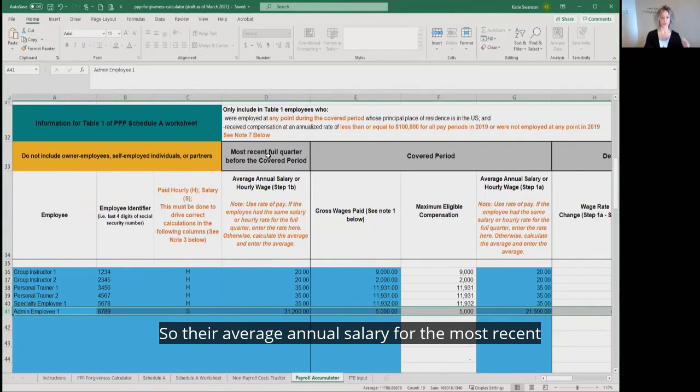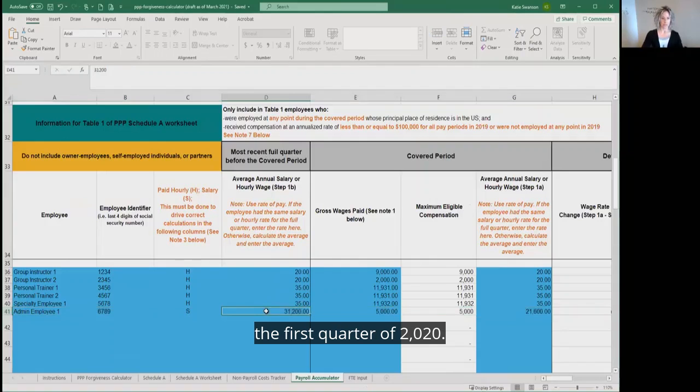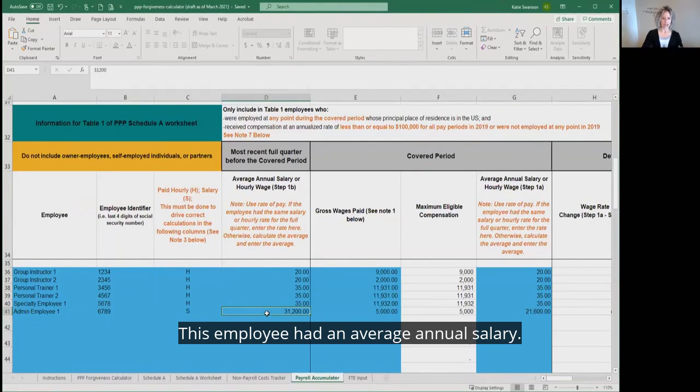Remember I told you, go run your payroll reports by employee for the most recent full quarter before your covered period starts. So this would essentially, in this example, be the first quarter of 2020. This employee had an average annual salary, so their annual salary as of that period of time was $31,200.